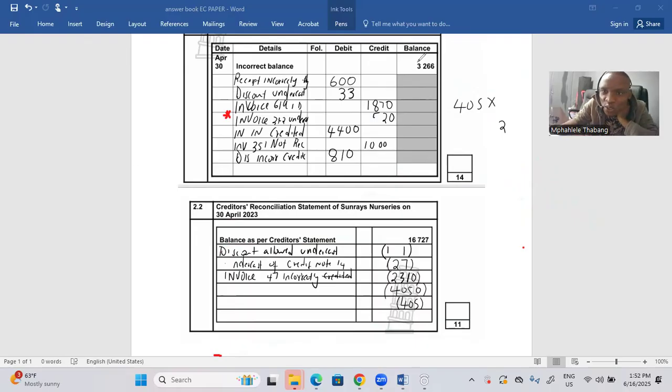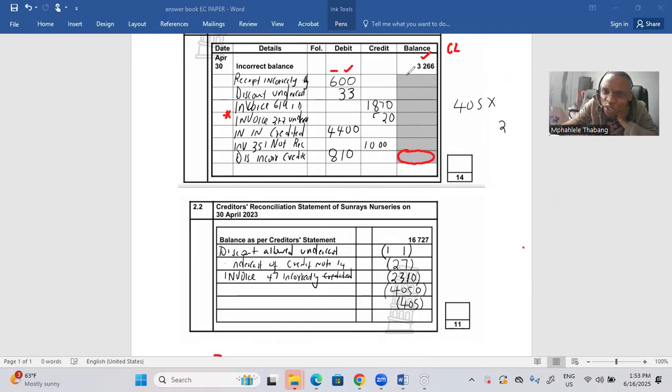What you do, you are going to take 3266 because this is the creditor's ledger. Creditor's ledger decreases on the debit side. So you subtract entries that are on the debit, you add entries that are on the credit. You're going to find the closing balance here.